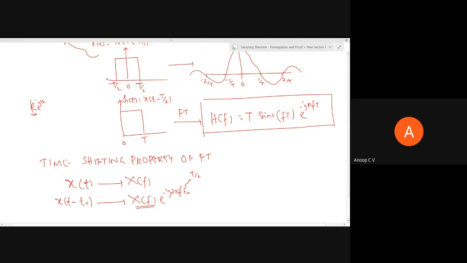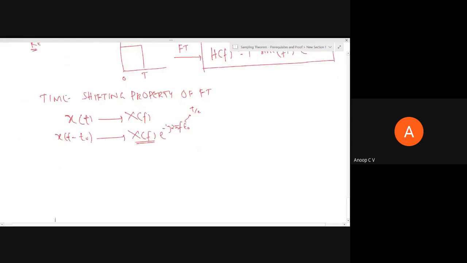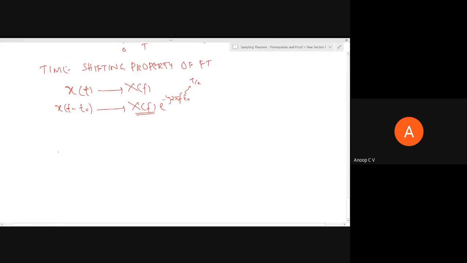Now I can write the final expression for S of f. This S of f is nothing but M delta of f times H of f, where M delta of f is nothing but Fs times the summation over n from minus infinity to infinity of M of f minus n Fs.